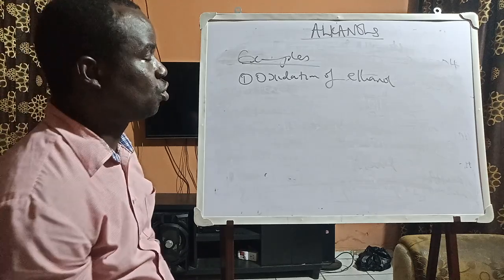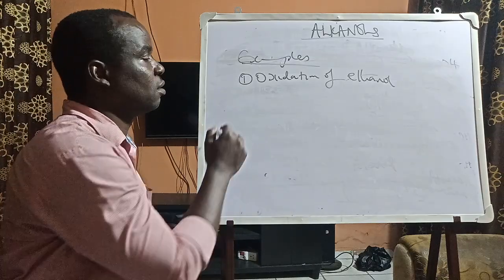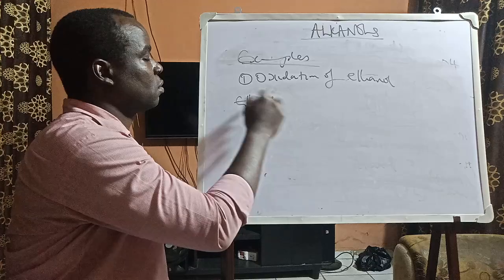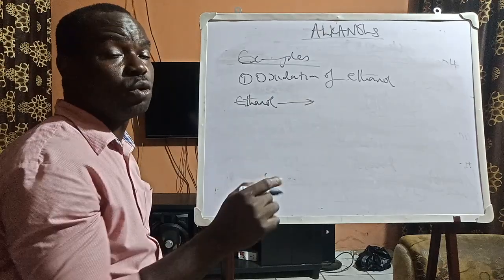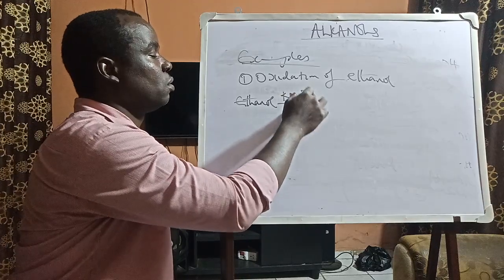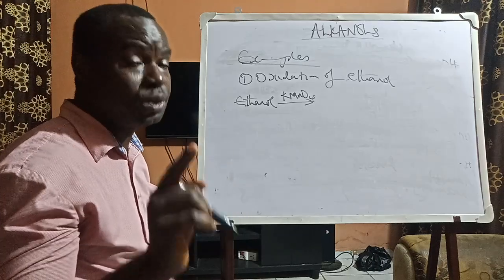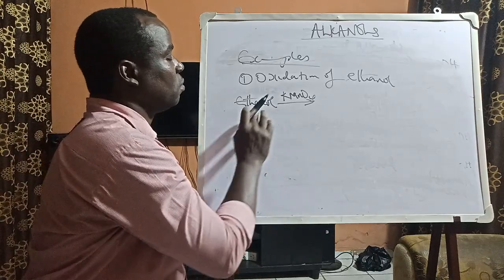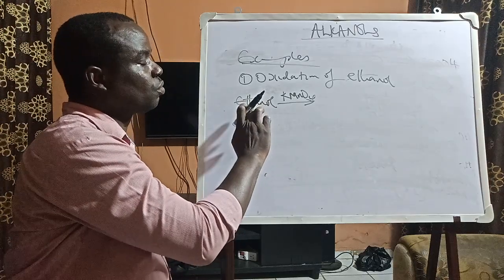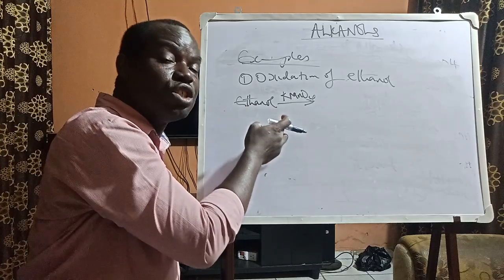Now, let us look at the structure. In the first place, ethanol, if it undergoes oxidation, that is with KMnO4, remember that I can also use K2Cr2O7. Immediately you do oxidation of an alkanol, the ol changes to al.